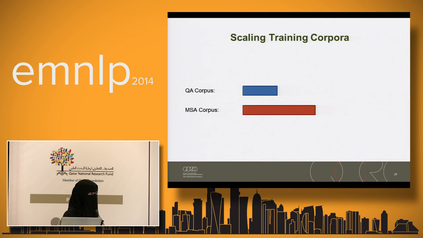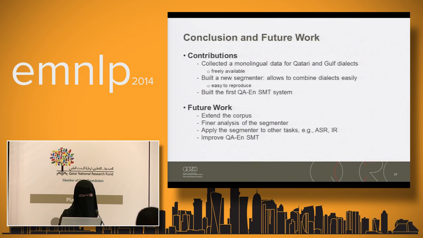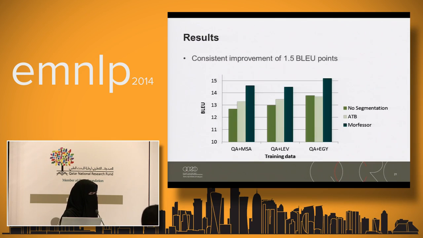One last question about your results in the last part. What's the difference between Qatari plus MSA and Qatari plus Dialectal in the no segmentation and the ATB conditions? Okay, so we can concatenate the corpora from both dialects, from Qatari and MSA.